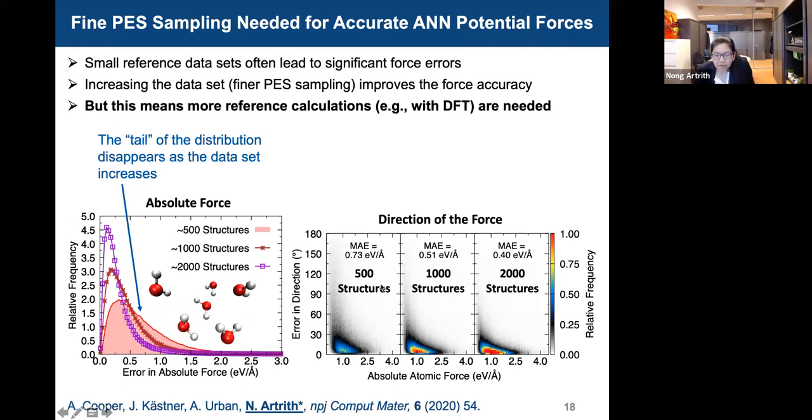And also the same, we're looking at the mean absolute errors. When you have many data points, you can see that the forces are quite accurate. But how can we use small data set and then also improve the force accuracies?